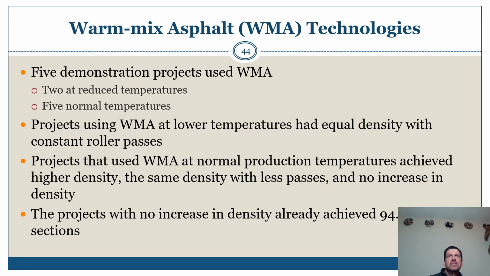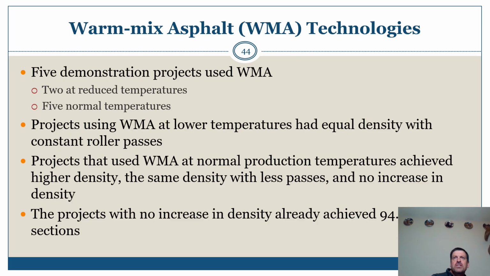5 demonstration projects integrated warm mix technologies, 2 at reduced temperatures and 5 at normal temperatures. Projects that used the warm mix at the reduced temperature were able to achieve equal density with constant roller passes. So in other words, they did not have to increase roller passes to get their required density.